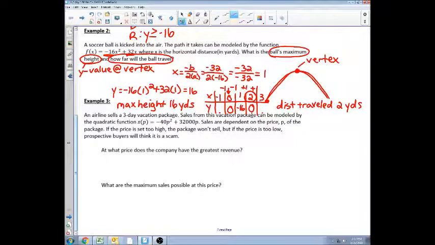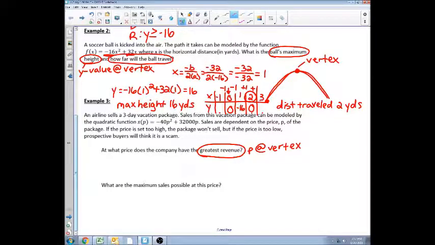At what price does the company have the greatest revenue? In order to find the greatest revenue, it's talking about price, or my p value. So it's going to be my p, or my x, however you want to think of that, at my vertex.